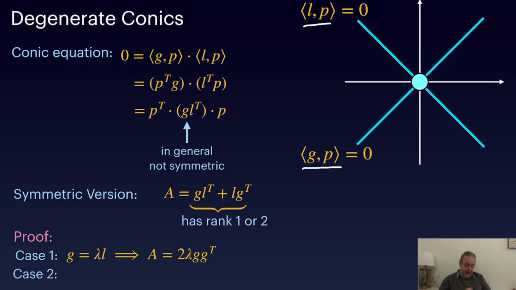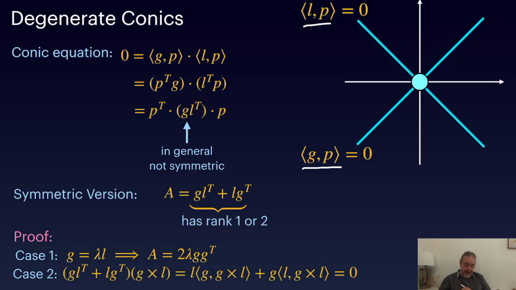And in the rank 2 case, I give you a concrete vector that you can multiply to that matrix here, such that you will get a 0. And the concrete vector that you get here is actually the point coordinate representing the intersection of those two lines, because if you take this expression and multiply out, you can rewrite that as L times a certain scalar product plus G times another scalar product.